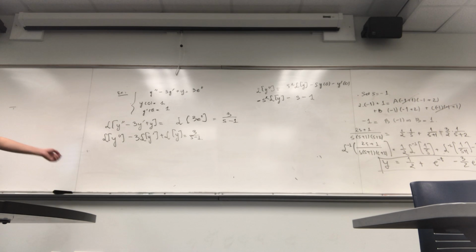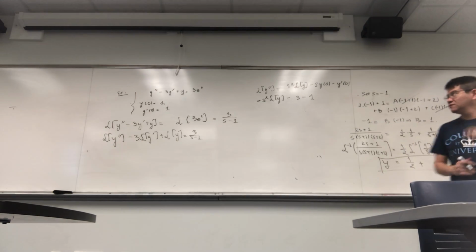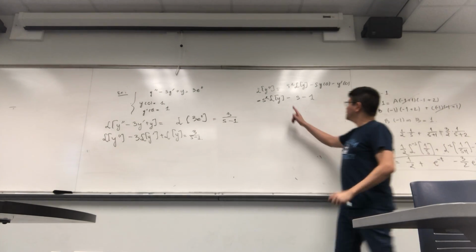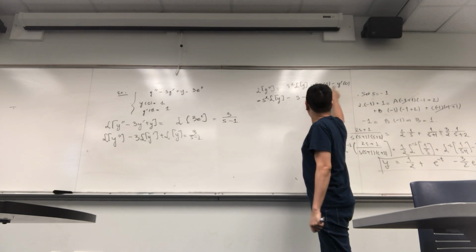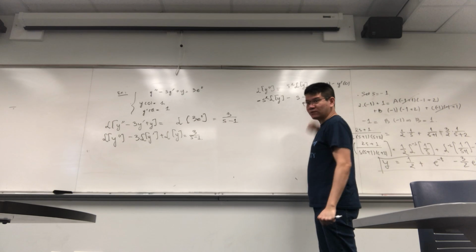The first thing I do is apply the formula. Laplace transform of y second is s squared Laplace transform of y minus s y0 minus y prime 0. Y0 is 1 and y prime 0 is 1. So this is s squared Laplace transform y minus s minus 1.